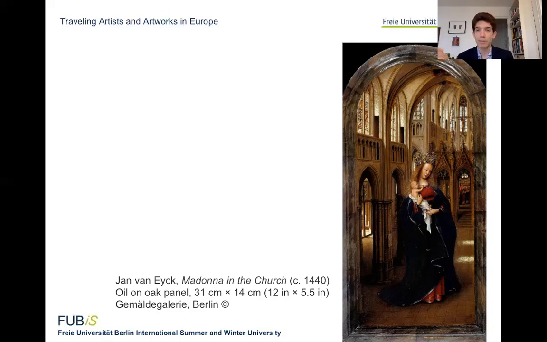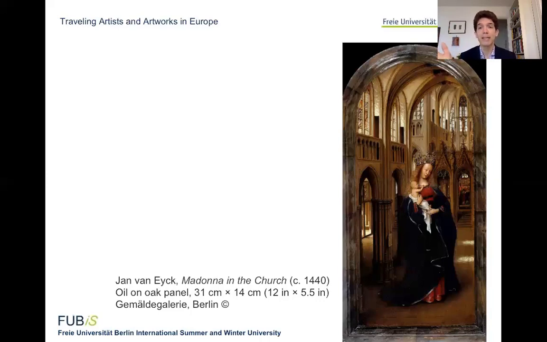If we look carefully, we see that the size of this Madonna and Child is absolutely giant. You see, this figure is almost as high as the clerestory in the cathedral. Actually, here the Virgin and Child is also a metaphor for the Church, for the power of the Catholic Church.